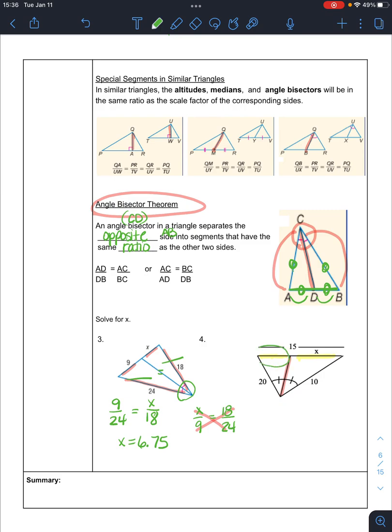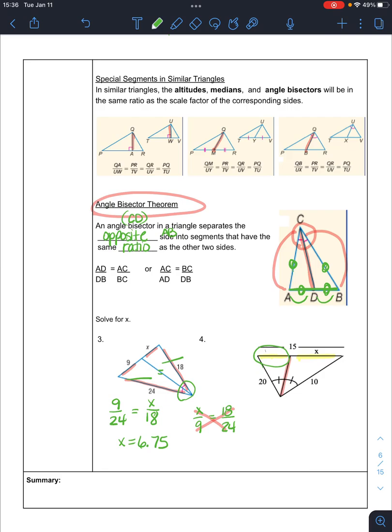The problem is I don't know how big that piece is. And I need it because that's a part of the proportion when I set up my proportion. Well, if I knew what x was, I would subtract it from 15, and that would give me that other piece. So if x was 10, then 15 minus 10 would give me that little piece is 5.